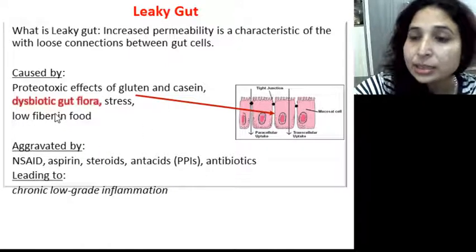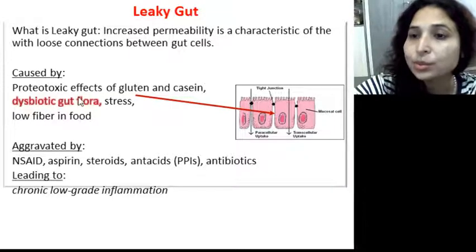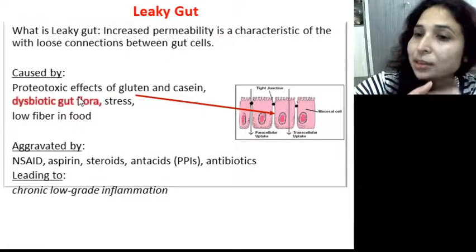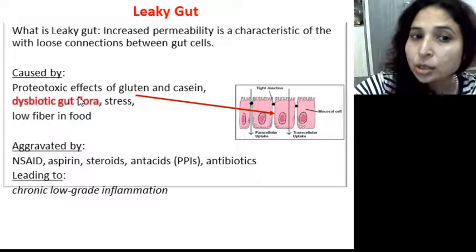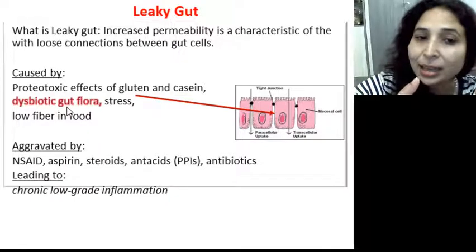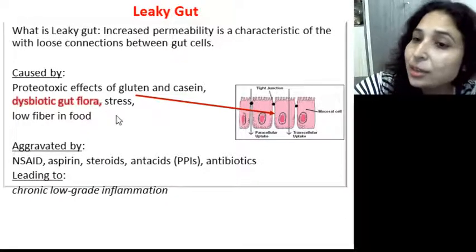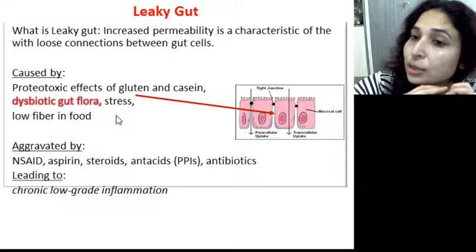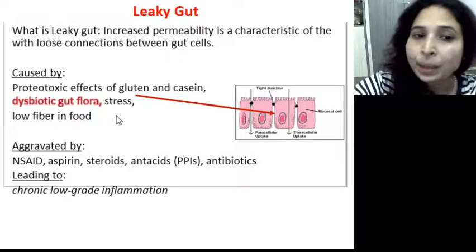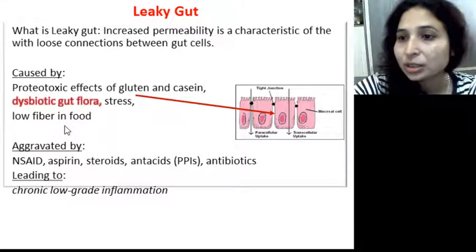Another cause is dysbiosis in the gut flora. As I talked about, gut microbes are very important, and they provide a very ambient atmosphere for the assimilation and digestion of the food. So if there is an imbalance in this gut flora, then this leaky gut condition can also take place. Stress is a very important factor which in today's life almost all of us are undergoing, and low fiber in the food.